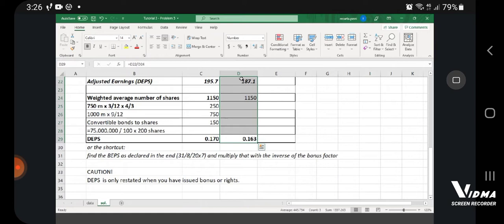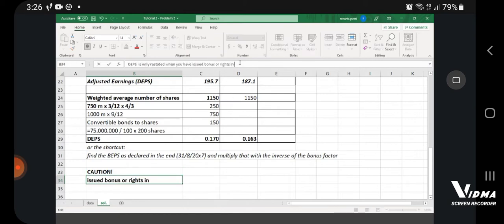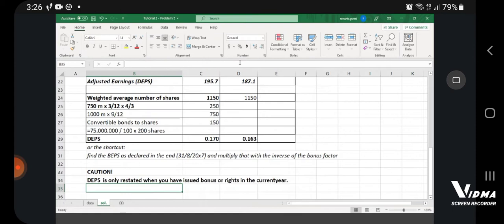Okay, so diluted earnings per share is only restated in case you have issued bonus or rights in the current year. If I'm not wrong, this is something paragraph 65 of the standard. That is, you only restate and adjust the amount of diluted earnings per share only in those cases when you have issued bonus or rights in the current period.